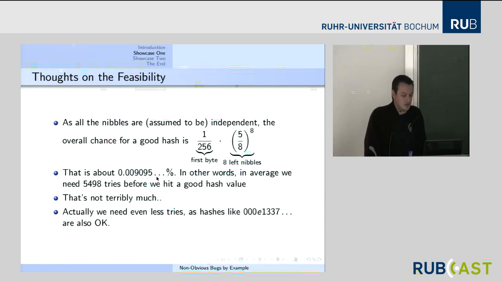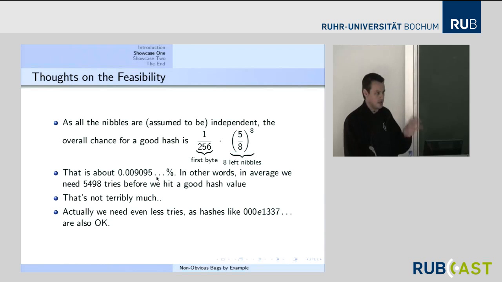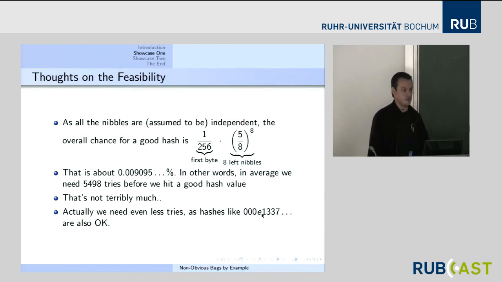And that means, on average, we need about 5K tries before we hit a good hash value. And that's not terribly much. Actually, it's even less because values like 00 or 0E are also okay, but we don't even need to consider them because 5,000 tries is nothing. You can do it from your DSL line or something.